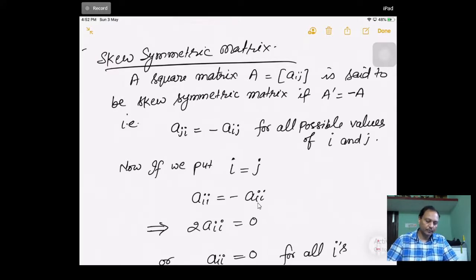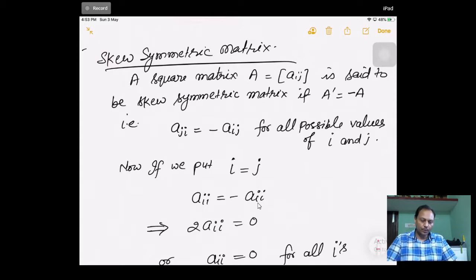That is, aji is equal to minus aij. We are interchanging rows and columns, then the sign of elements is interchanged. If a positive element is given, then it becomes negative. If a negative element is given, then it becomes positive. So it is for all possible values of i and j.